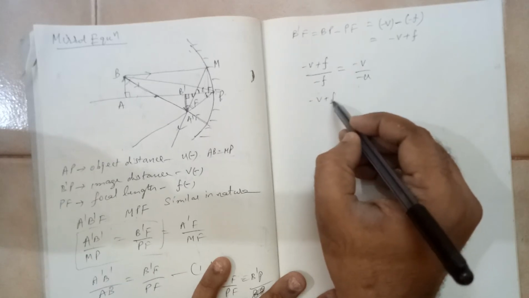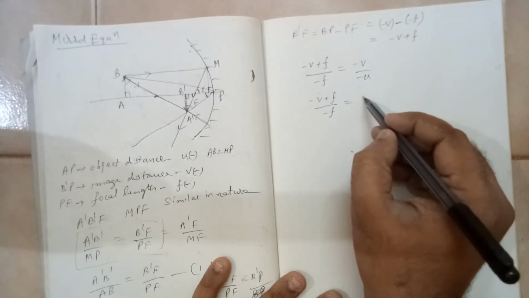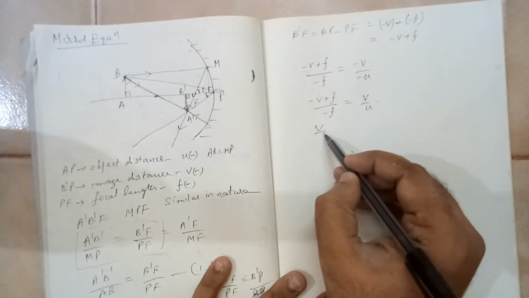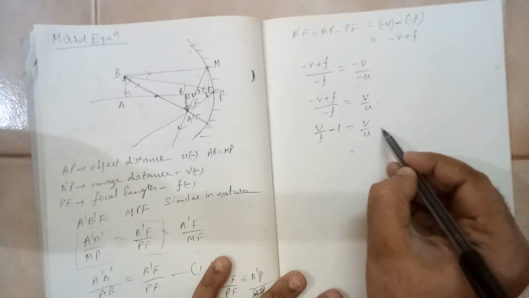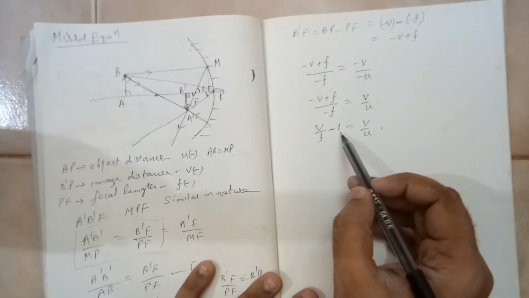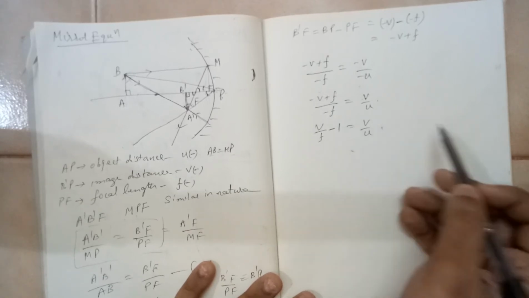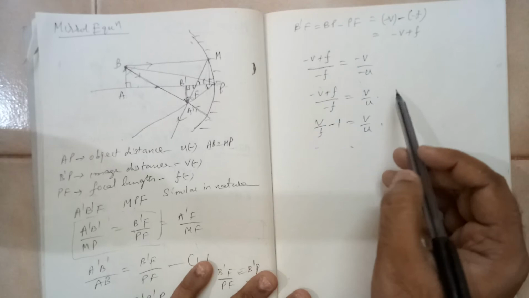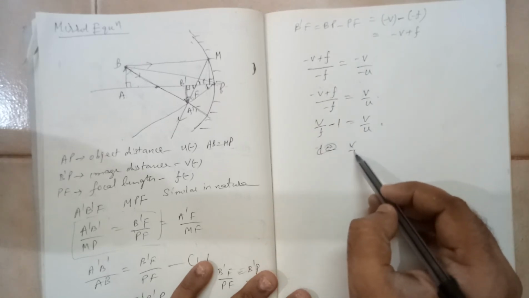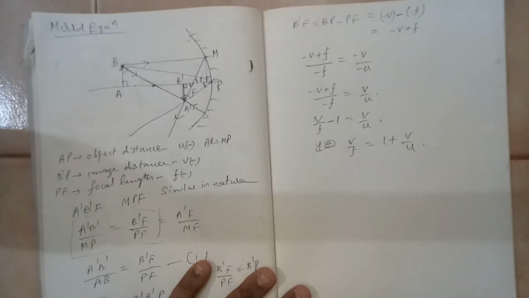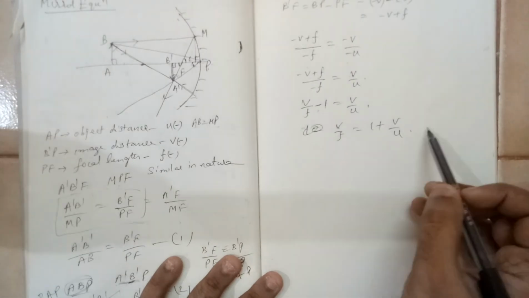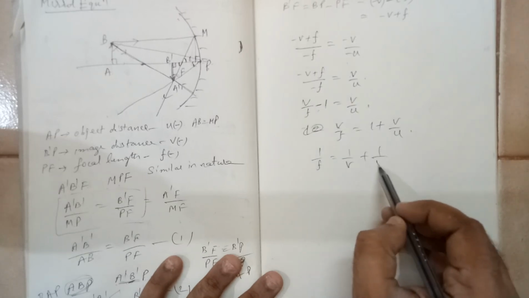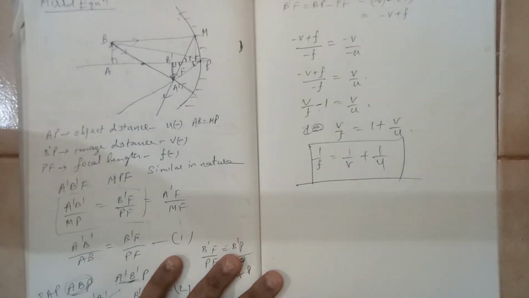So obviously this will become minus V plus F divided by minus F is equal to V by U. Divide by F, you get V by F minus 1 is equal to V by U. Take the one to the other side, so V by F is equal to 1 plus V by U. Divide both sides by V, you get 1 by F is equal to 1 by V plus 1 by U. So this is the mirror equation.